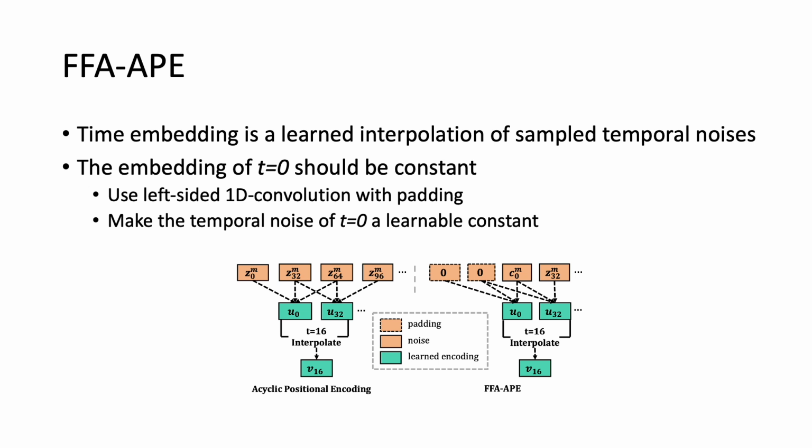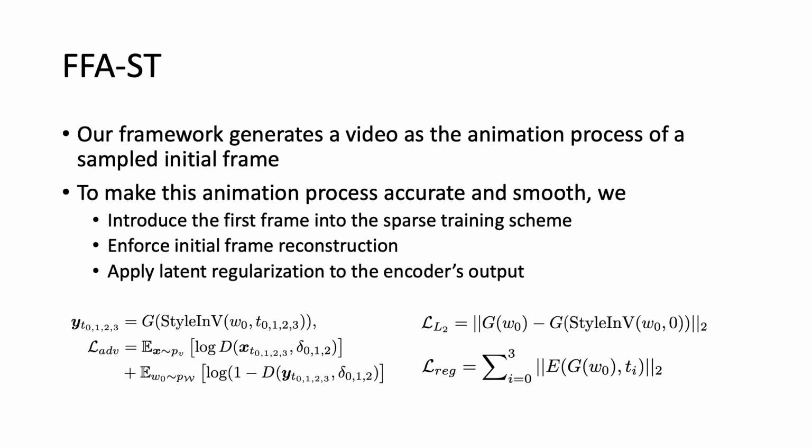We use left-sided 1D convolution with constant padding and make the temporal noise of time 0 a learnable constant. For the sparse training, to guarantee an accurate and smooth animation, we add the initial frame into the adversarial loss, enforce initial frame reconstruction, and apply latent regularization.